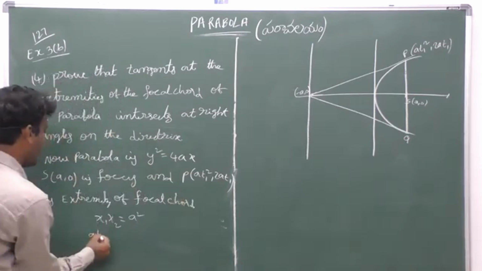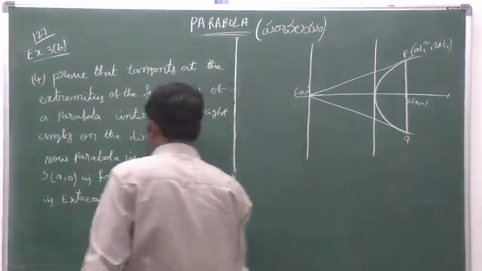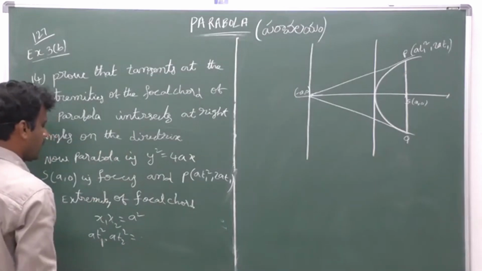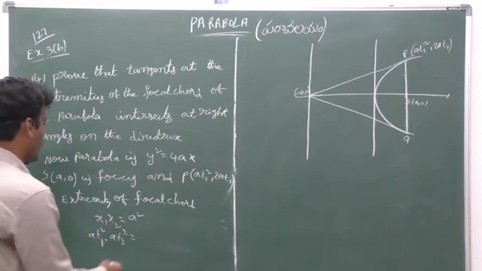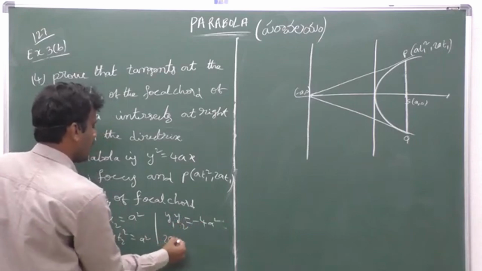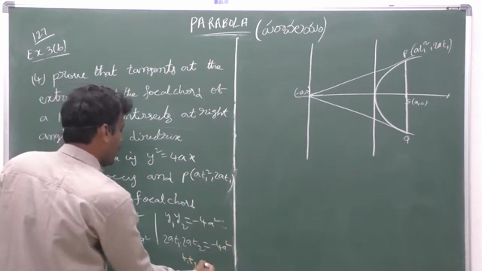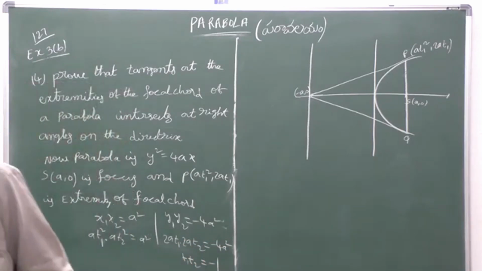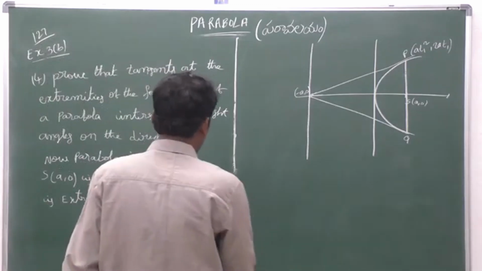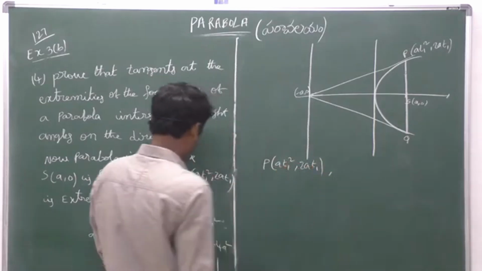x1 = at1², x2 from point Q (at2², 2at2), that implies x1x2 = a², y1y2 = -4a². y1y2 = -4a², that is 2at1 · 2at2 = -4a², that is t1t2 = -1. That implies t1t2 = -1. P point is (at1², 2at1). t2 is -1/t1.